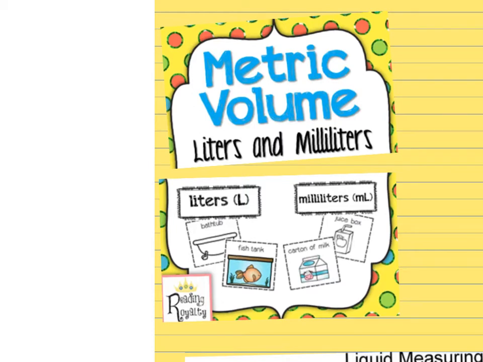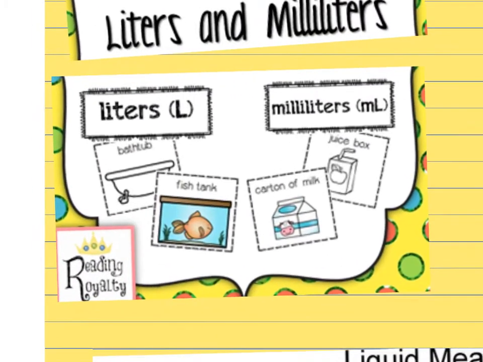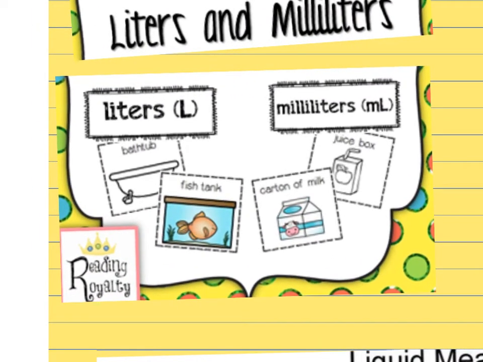Okay, what do we use liters and milliliters for? Well, as you can see in this picture, we use liters to measure how much water you can put in a bathtub or in a fish tank.